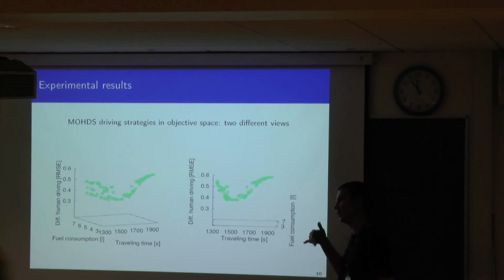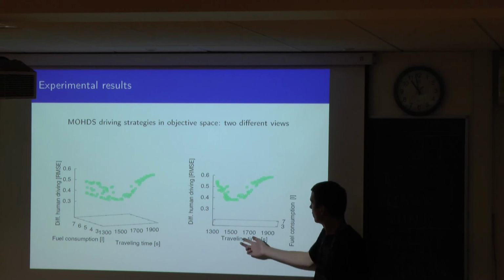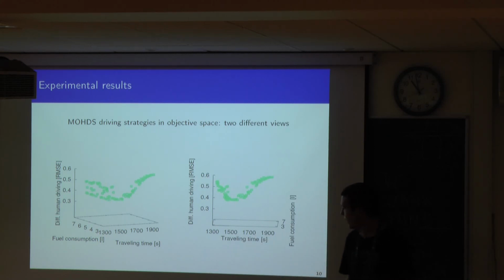And then another vehicle maybe will travel with a better human driving similarity, but a higher traveling time. So this is to give some trade-offs.